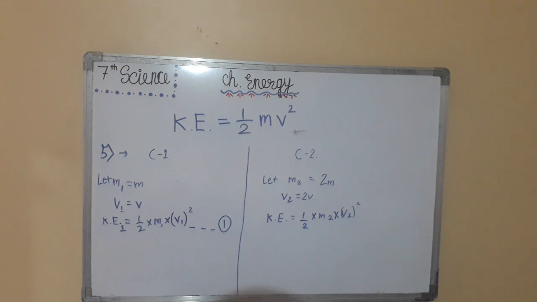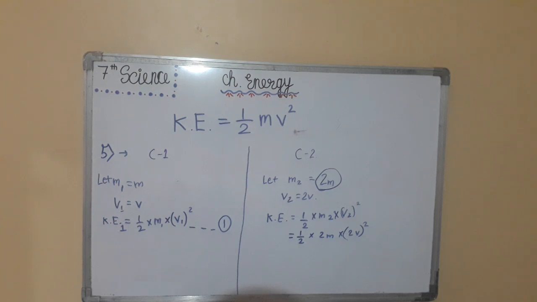Now in case 2 we will solve this. It is equal to half into 2m, because m2 is written as 2m here, and velocity will be 2v.